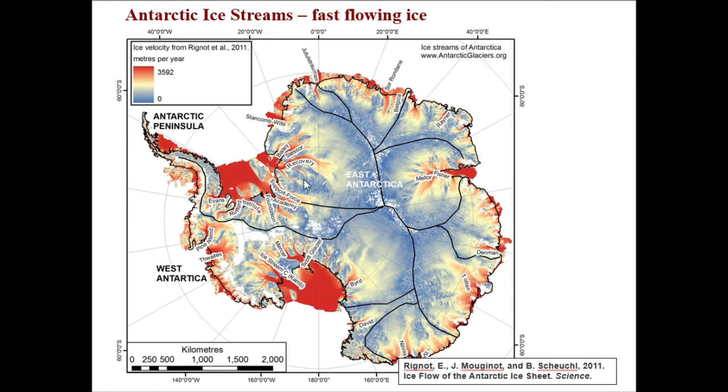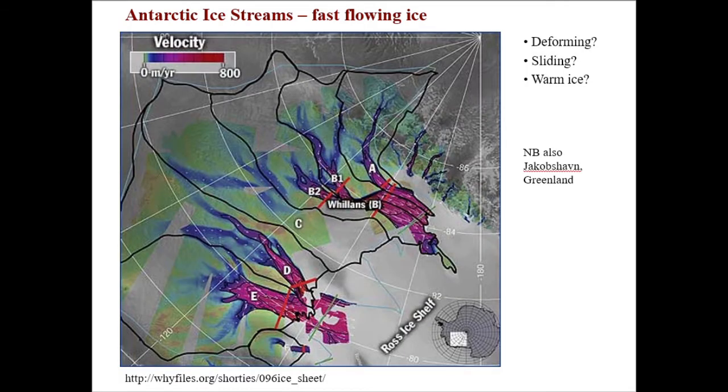And you can see the ice shelves are moving very quickly, but also some of these literally streams of ice feeding into the ice shelves, and at other locations particularly around the edge of Antarctica, these ice streams are flowing at extremely high speeds. This next image zooms in. You can see here's Antarctica, and here's where we've zoomed into looking at the ice streams flowing into the Ross ice shelf.